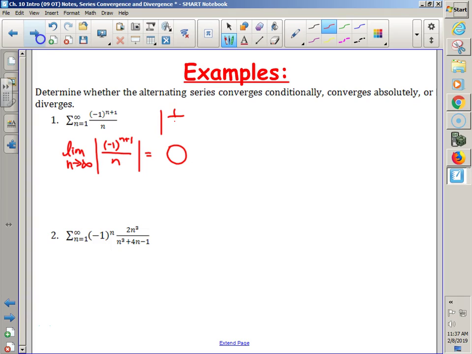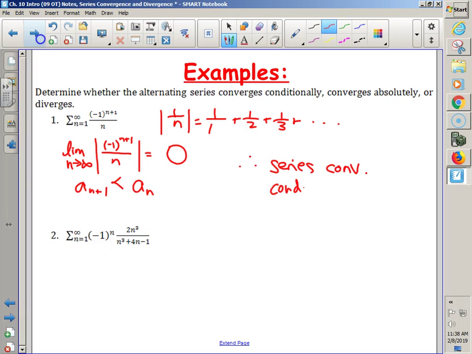The absolute value of 1 over n is equal to 1 over 1 plus 1 over 2 plus 1 over 3 plus... What happens with a sub n plus 1 versus a sub n? What's going on with the terms if you disregard the sign? Aren't they always decreasing? So therefore, series converges, but why am I going to put conditionally to end us off today?